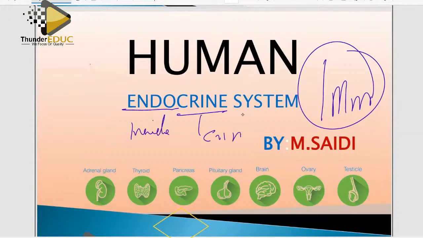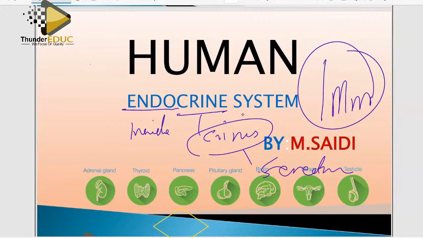Crine comes from the word crinis, which means secretion. So it means that this system, remember, a system is a collection of organs. They must work together, they must interact to bring about that system. So this system is dealing with the secretion of substances, and these substances are within the body.